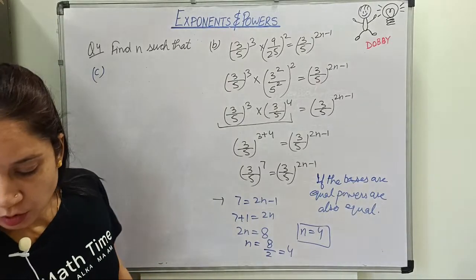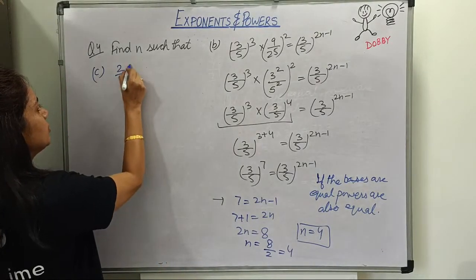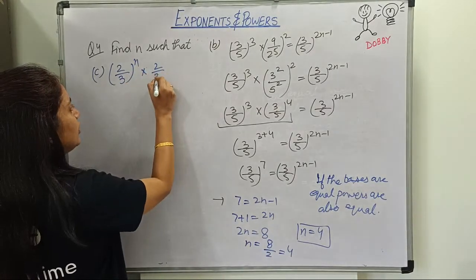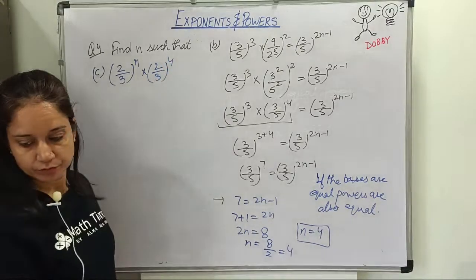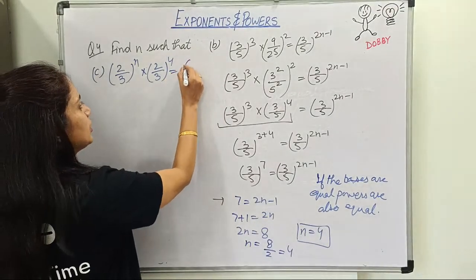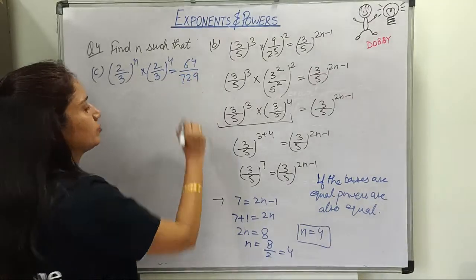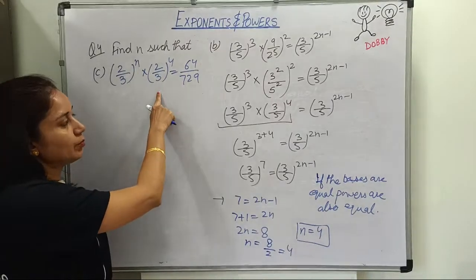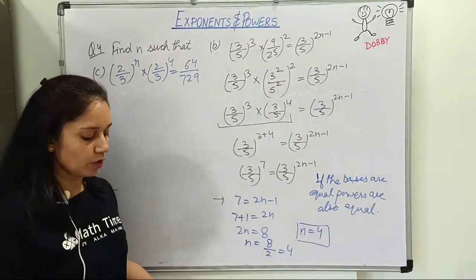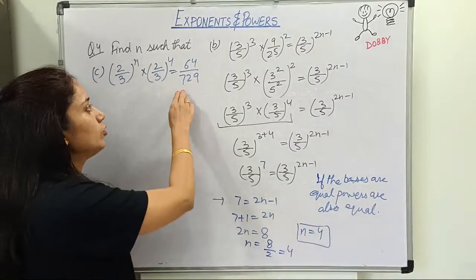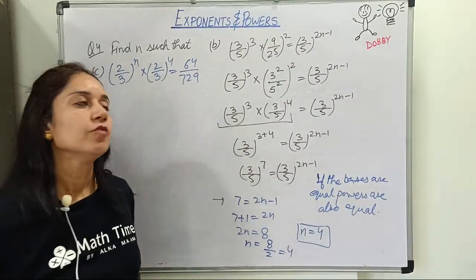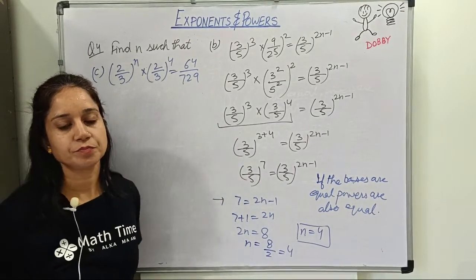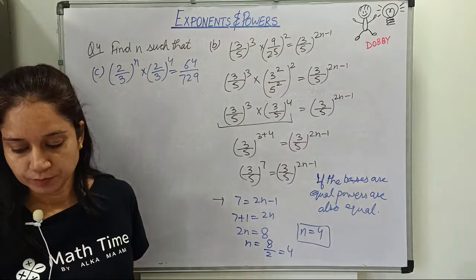The question is 2 upon 3 raised to the power n multiplied by 2 upon 3 raised to the power 4 equals 64 upon 729. See, the first rational number is 2 upon 3, the second rational number is also 2 upon 3. That means 64 upon 729 you have to turn into the form of 2 upon 3. Find out the prime factors of 64 and the prime factors of 729. Waiting.